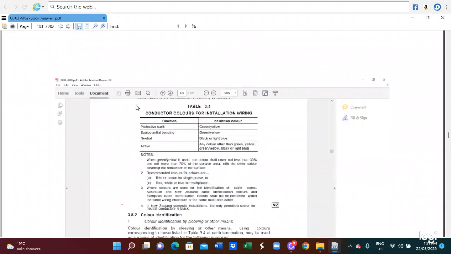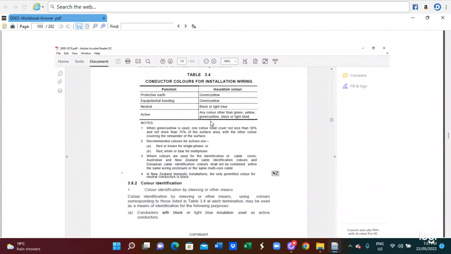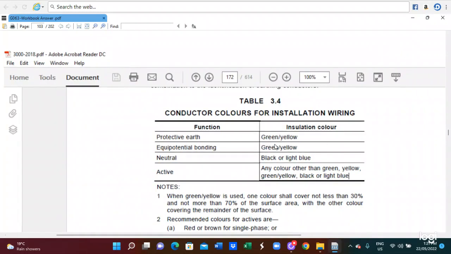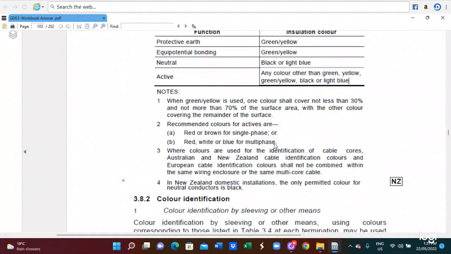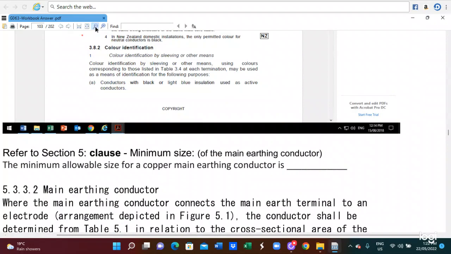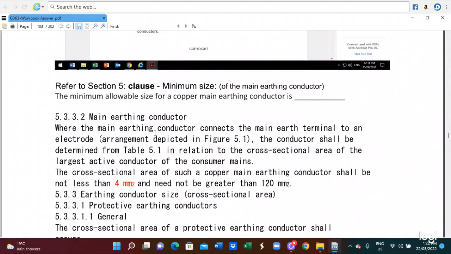In this case, you have to refer to Table 3.4 of AS 3000. Then we have to refer to the protected conductor and also the insulation color you can see in Table 3.4. Color identification, you can see 3.8.2. For the main earthing conductor, you refer to clause 5.3.3.2.